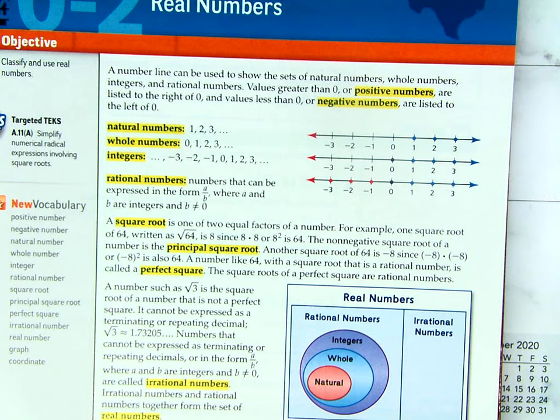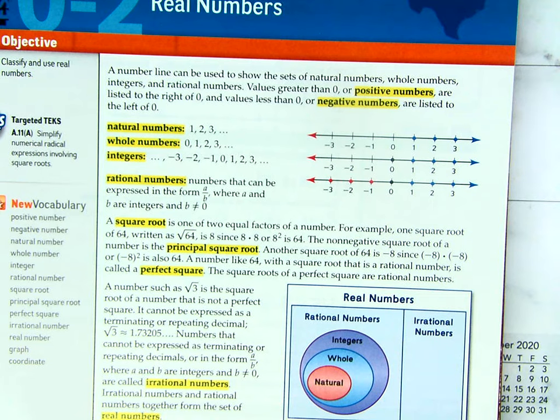It's any number that can be written as A over B. A just stands for a whole number on the top, and B just stands for a whole number on the bottom. An integer. Either one could be positive or negative, but they are not decimals.